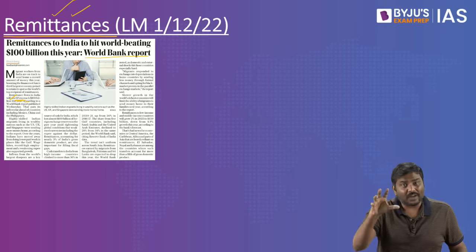When these kinds of jobs are obtained, obviously the salary they receive is much higher. Because they are receiving a much better income, the amount of remittances coming into India has also increased. That is one very important reason: there is a change in the nature of jobs being earned by the migrant population from India.